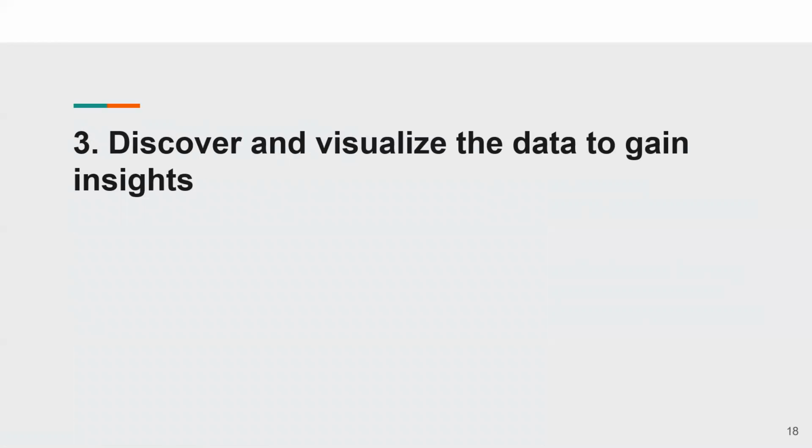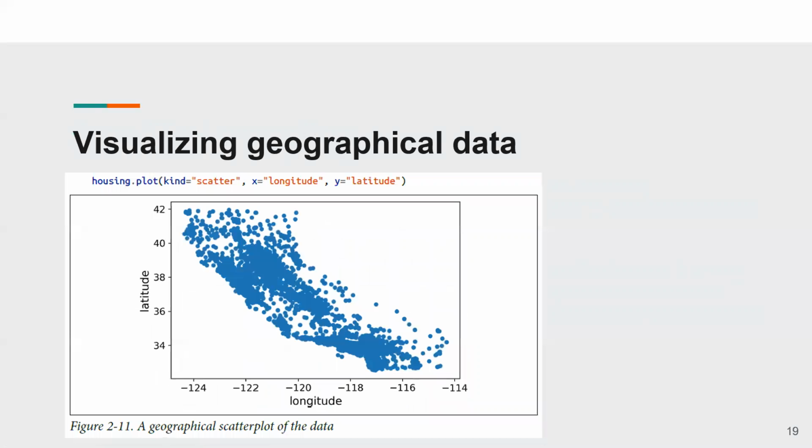After that, we come to the third step, called discover and visualize the data to gain insights. You could just draw a scatter plot to look at where all those observations are, based on longitude and latitude.